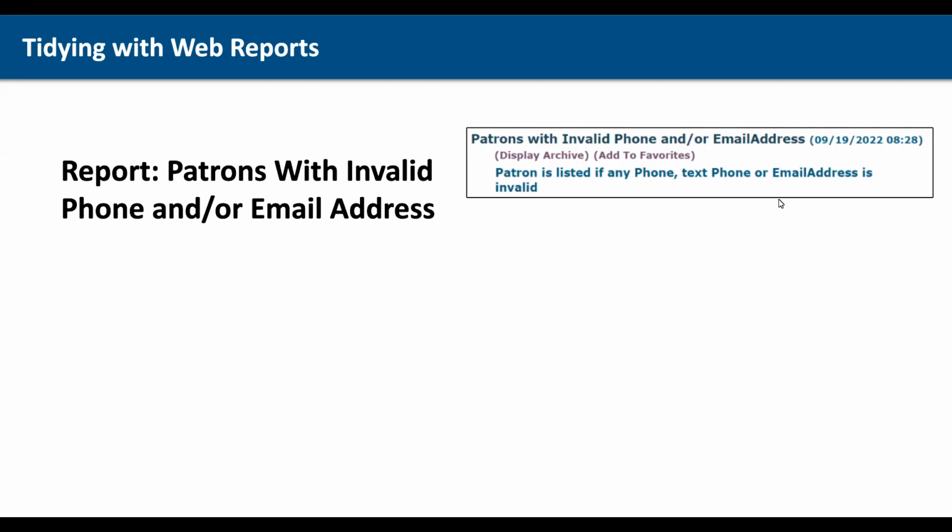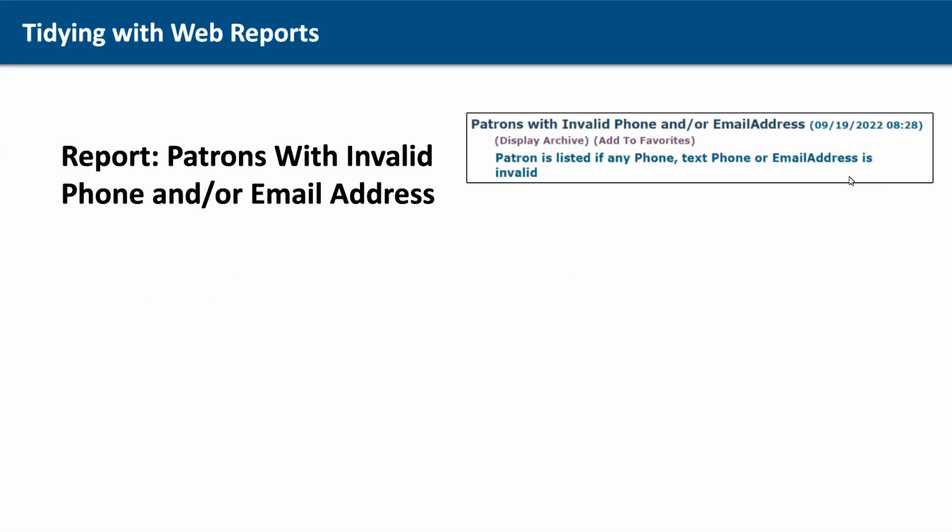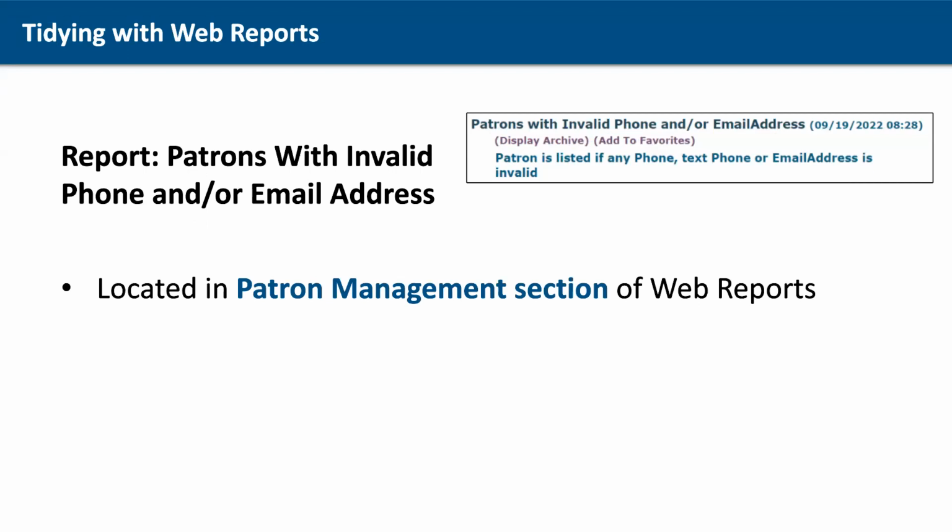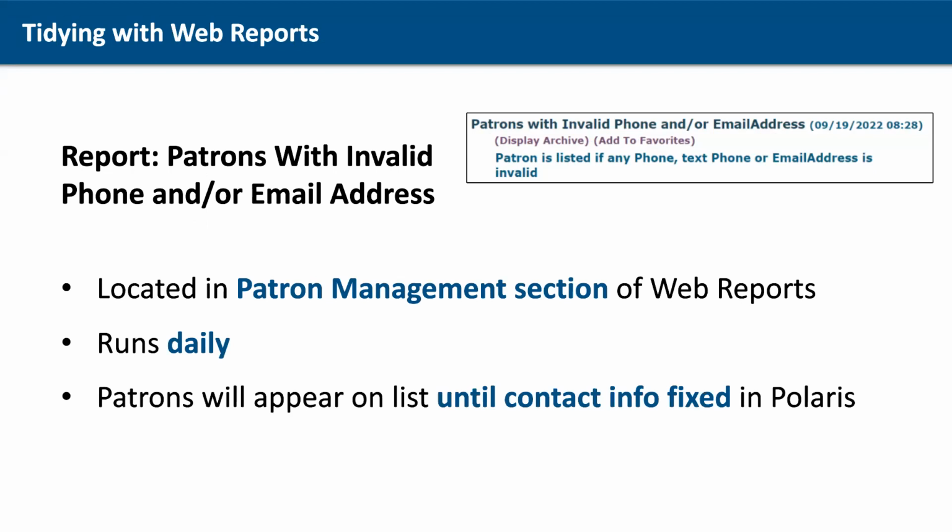For our next report, the invalid phone and/or email address report, this one is also a patron management report. It runs daily, and even though it runs daily, if a patron record isn't fixed, it will keep appearing on the daily reports until it is.